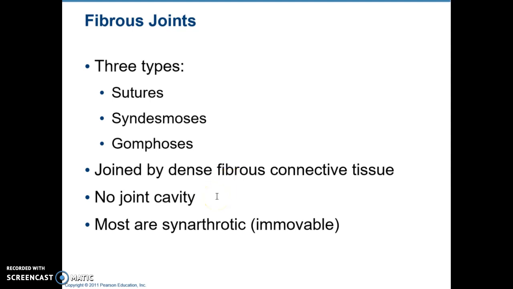And there's no joint cavity and no movement available. So it's 2 bones stitched together with very tough fibrous connective tissue. So before we talk about these 3 types of joints specifically, for each one you want to be able to describe the joint and give an example of where you would find it in the body. And that'll make more sense when we get there.